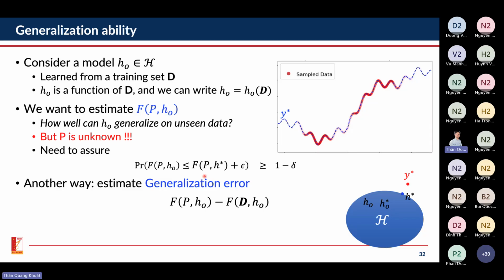Another way to analyze generalization is to consider the difference between two quantities, the training error and the test error, the population error. Or another way is to focus on the population error directly.